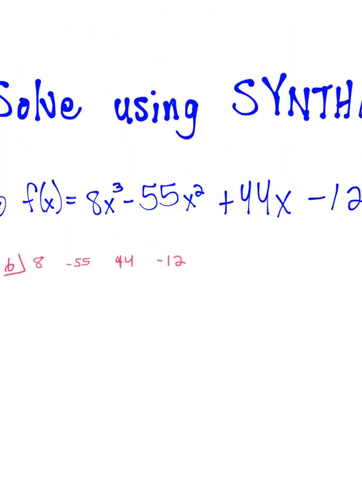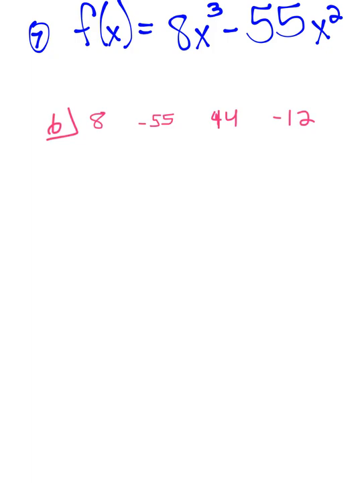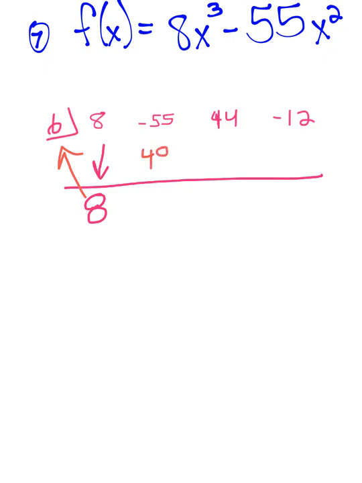Jordan, does that make sense? Okay. And now all we do is start our synthetic division. You bring down that first term, 8, and you multiply to the corner. What is 8 times 6? 48. And then I add down. Remember, you'll have your calculator. So what's negative 55 plus 48? Negative 7?